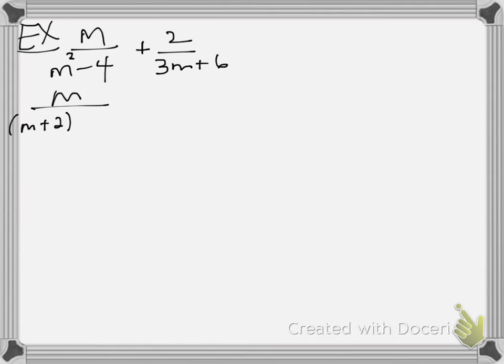M plus 2 times m minus 2 plus 2 over, can I factor there? Yeah, what does it come out to be? Well, what's the first thing? 3 times m plus 2. Okay, now looking at my common denominators. Do I have common denominators? No, I need to make them.